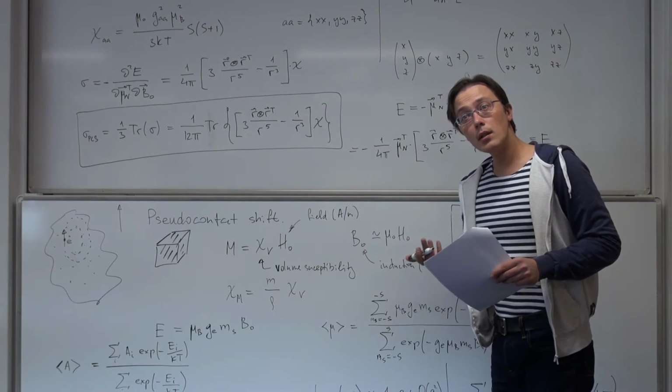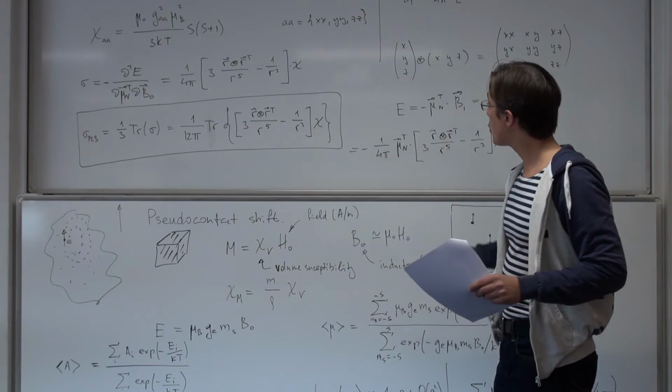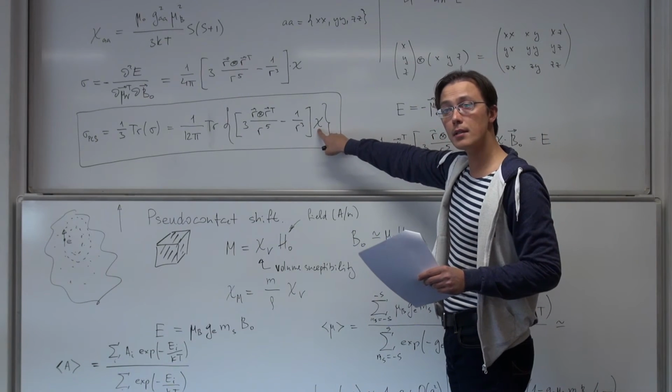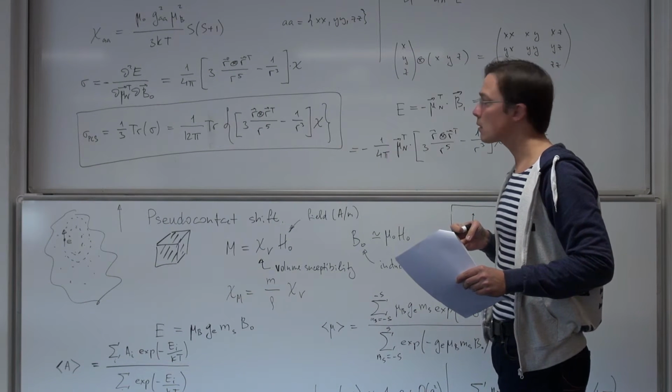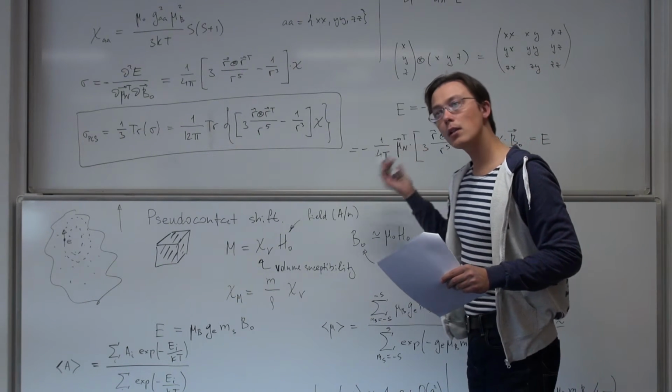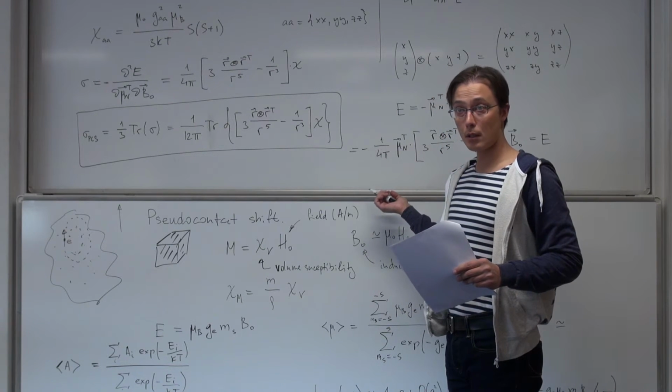What is then done is the least squares fitting to try and extract, on the one hand, the susceptibility tensor. It can be measured, but it can be computed from the G tensor as well. And what is valuable about this is it provides distance restraints for the molecular structure.